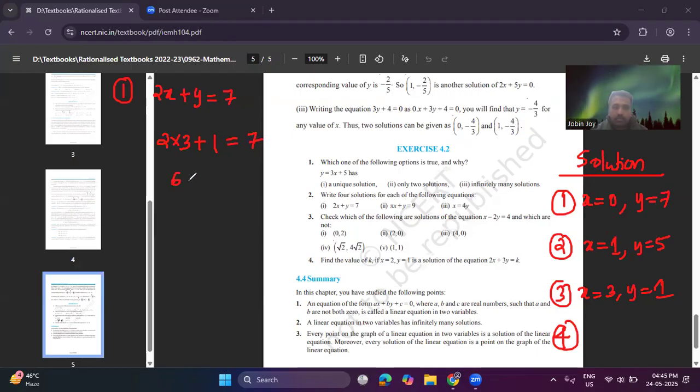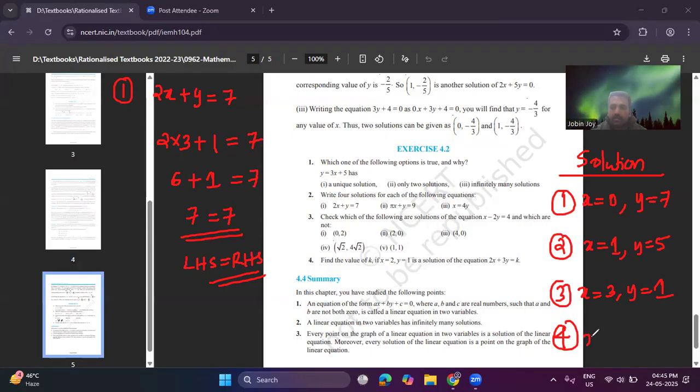So 2 into 3 is 6 plus 1 equal to 7. What is 6 plus 1? 7 is equal to 7. So left hand side is equal to right hand side. So this is a solution. Like that, you can put another value.